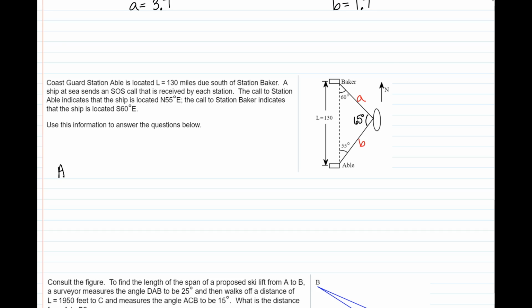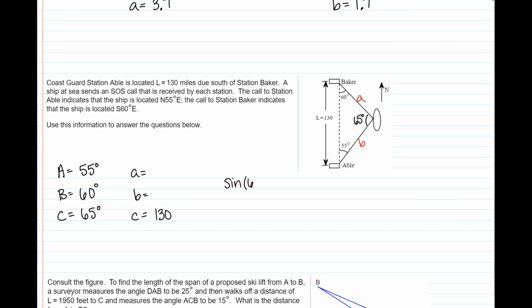Okay, and if we want to write out everything in this triangle, angle A down here is 55 degrees, angle B up by Station Baker is 60 degrees, and then the angle by our ship is 65 degrees. The side across from Station A I do not know, the side across from Station B I don't know, but the side across from my 65 degree angle I do know, which means I can use law of sines.